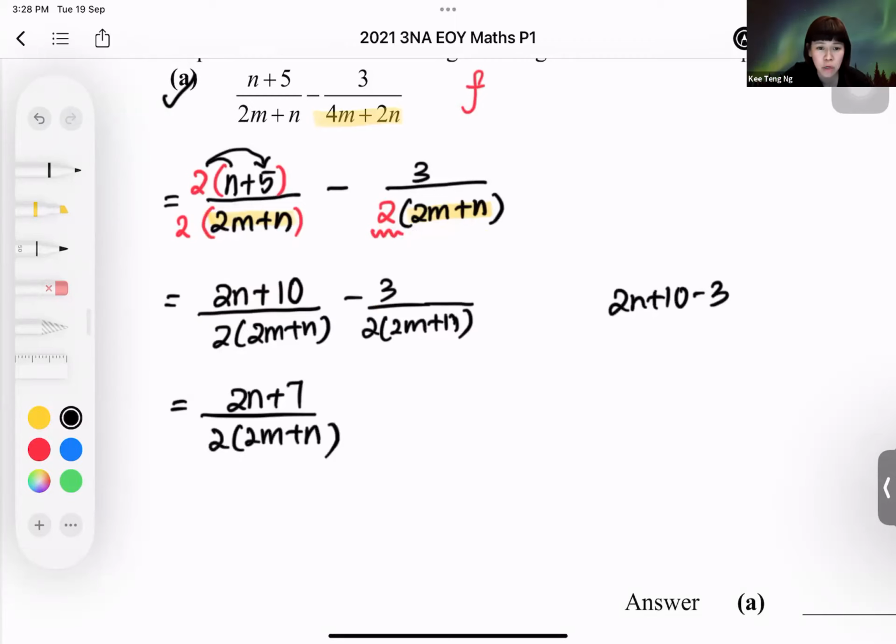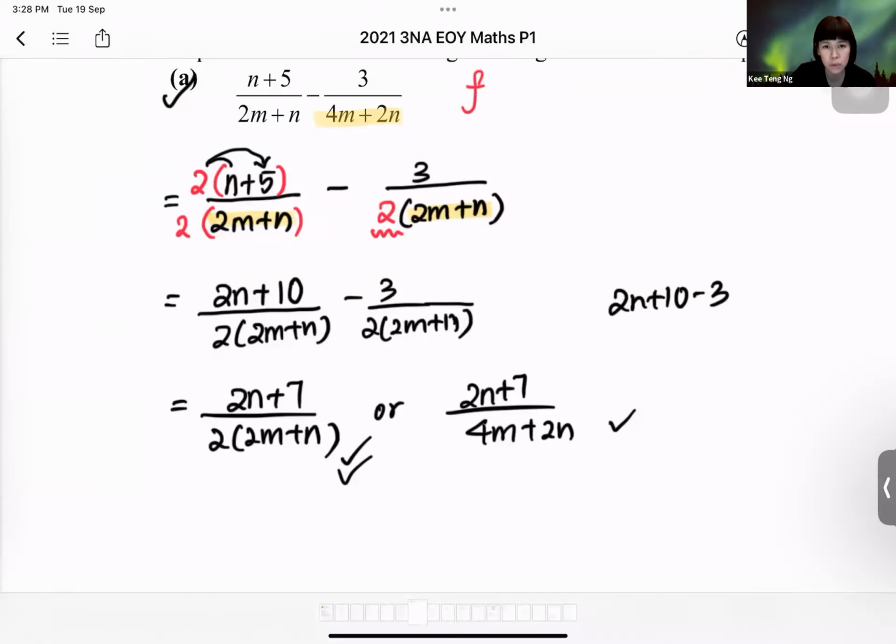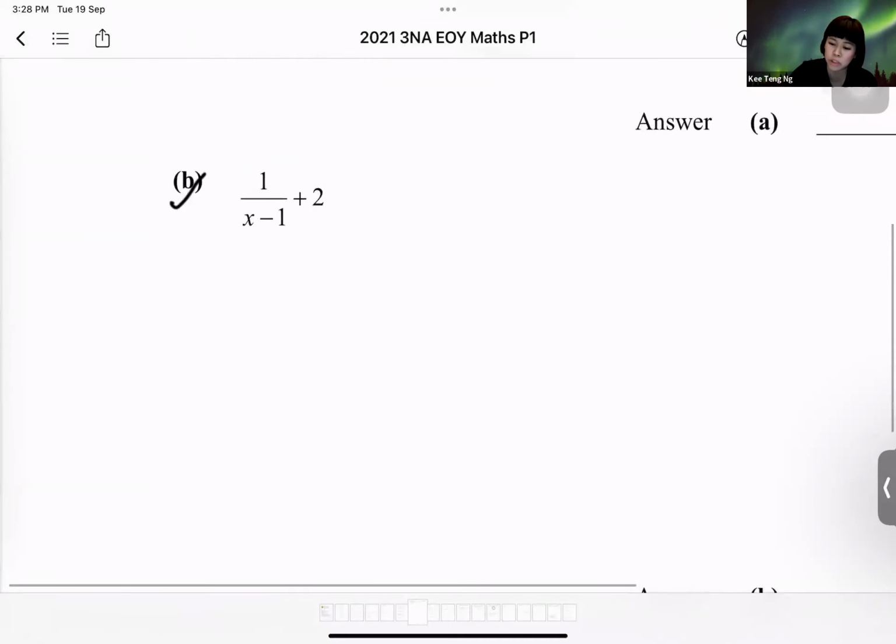Usually we try to keep the denominator factorized, but since there are no other common factors to be cancelled, if you want to write your answer with the denominator expanded, it is also correct. Both are correct answers, but I prefer this one. Have you gotten the concept? If you are not very sure, if you cannot remember, please do my algebra revision worksheet. I'll give you the next algebra revision worksheet.